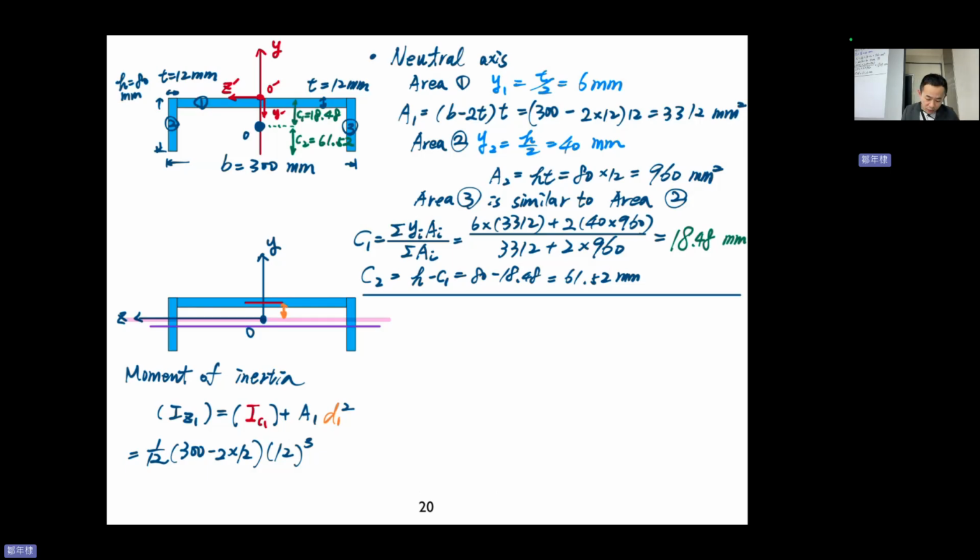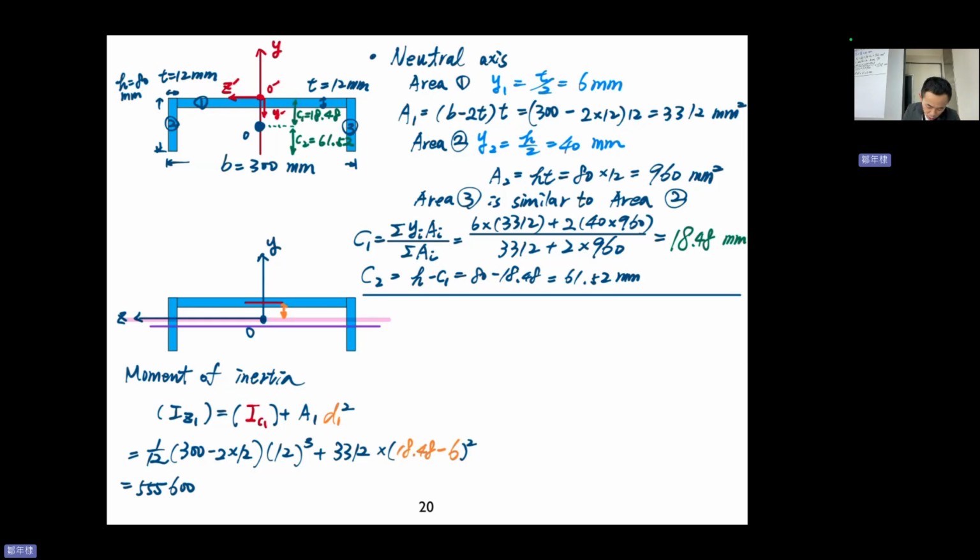BH3 divided by 12 plus area 1 times 18.48 minus 6 squared equal to 555,600. Okay, so this is area 1. Rotate about the pink axis, its corresponding moment of inertia, IZ1.